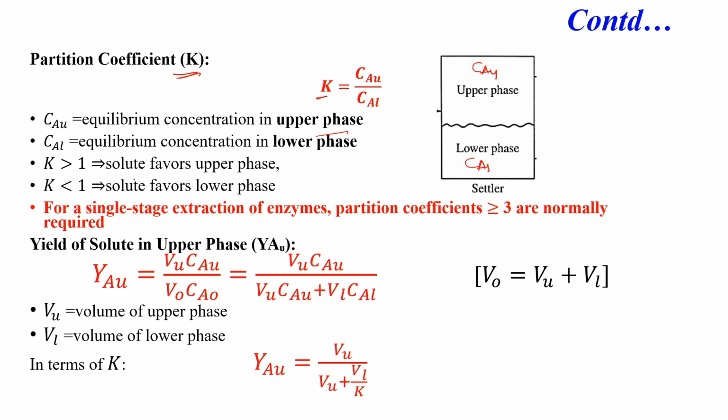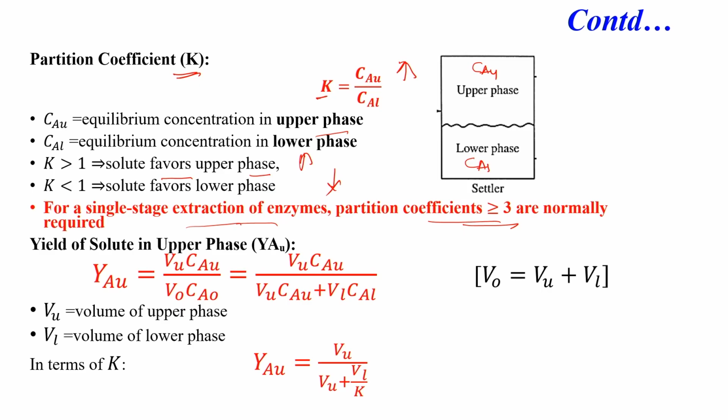If the value of K is greater than 1, then the solute favors the upper phase, and if K is less than 1, the solute favors the lower phase. Typically, when we go for single stage extraction of enzyme, a partitioning coefficient greater than or equal to 3 is normally required.